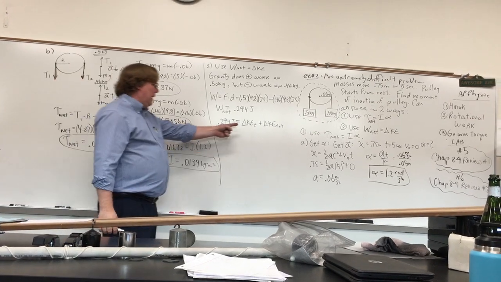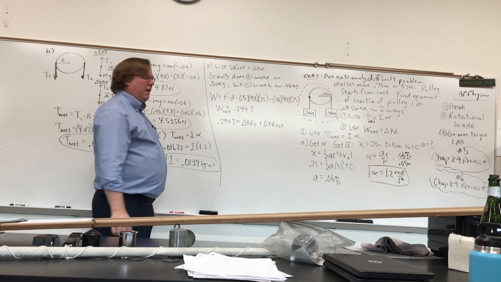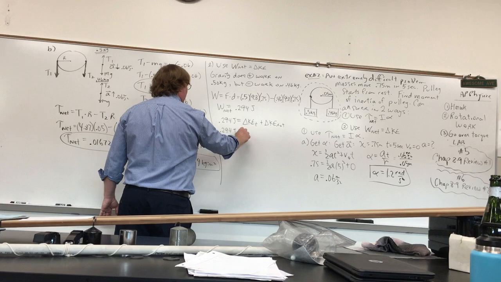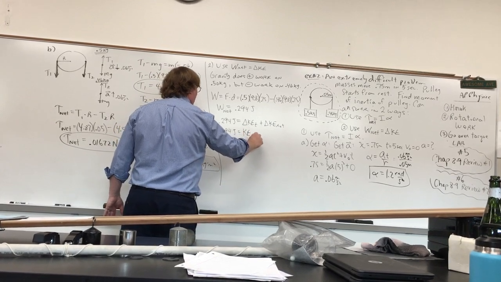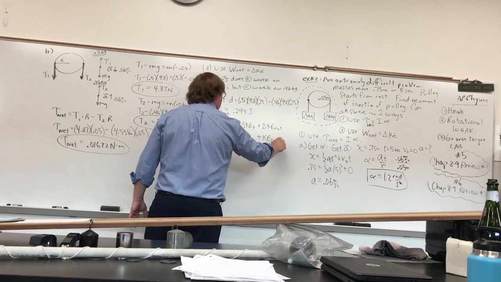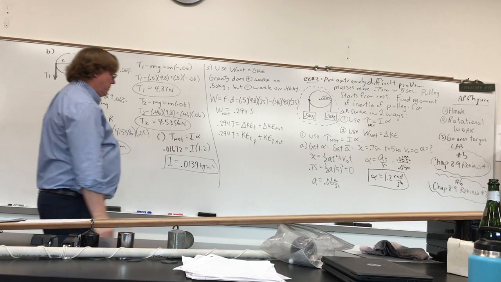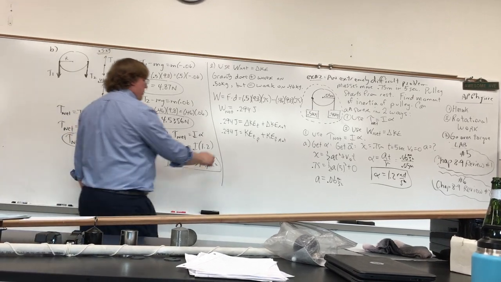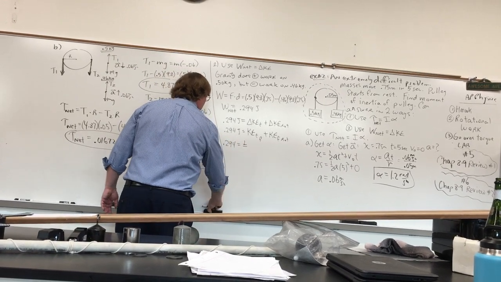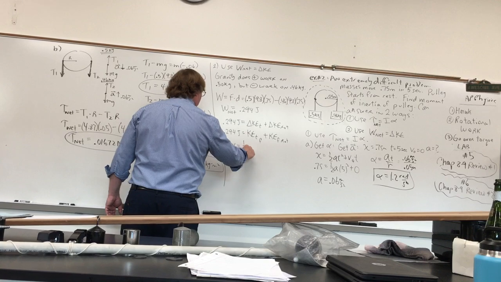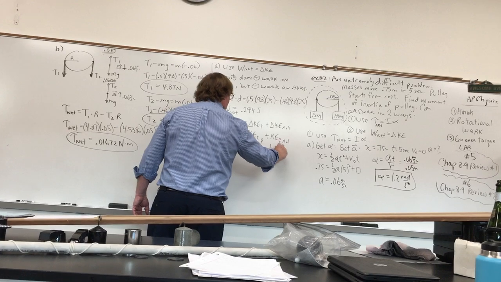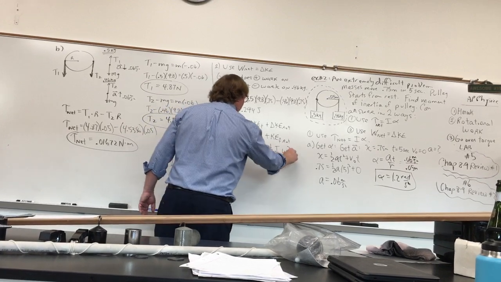And because the initial translational and rotational kinetic energies are 0, I can just say it's going to be the final translational kinetic energy plus the final rotational kinetic energy. Which means I'm going to have 0.294 equals 1/2 m v squared, the final velocity squared, plus 1/2 I omega squared, and that's the final omega.